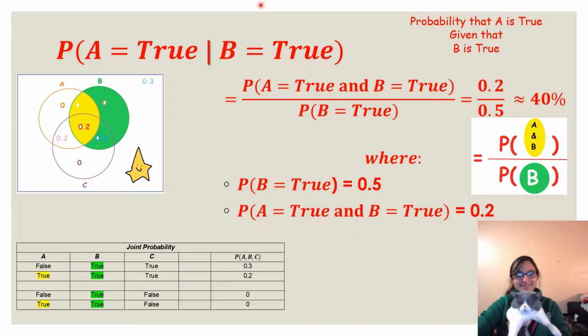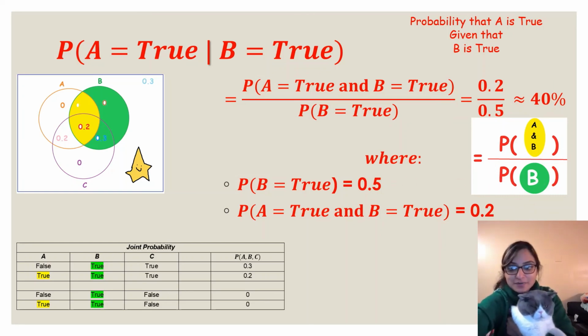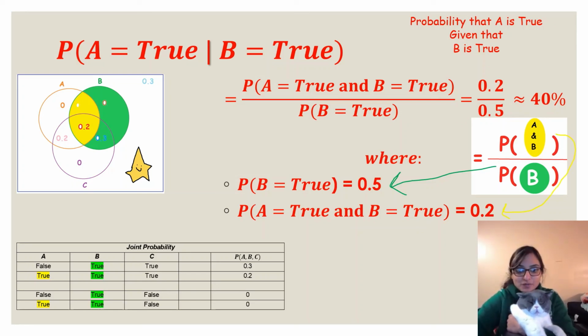So what's the probability then that A will also be true? So that's what we looked at here. So basically we derived that the probability that B is true, this probability here, is 50%. That's what this point here is. This is 50%. And then the probability that A and B are both true is just 20%. So we just have to plug them into this formula here.